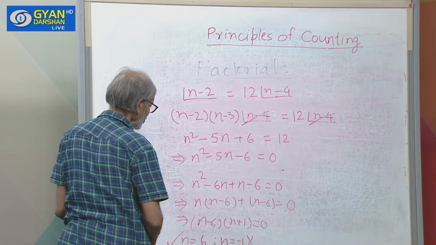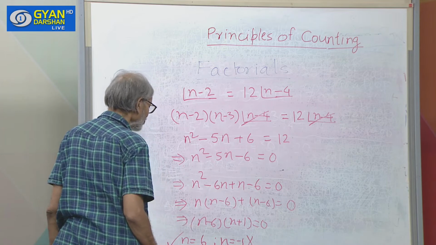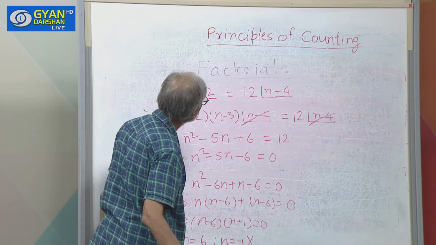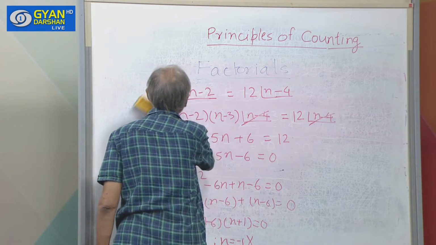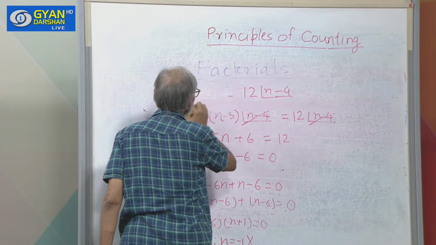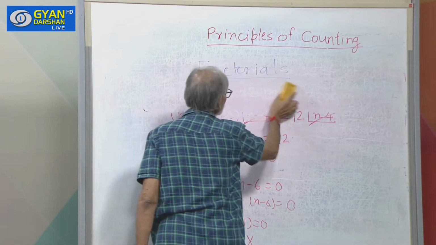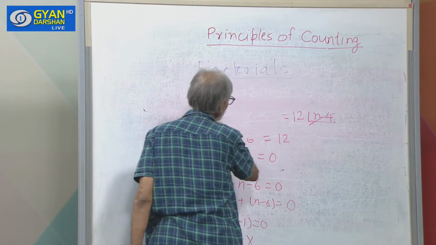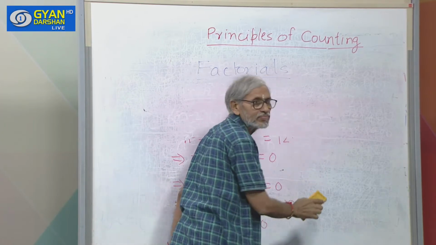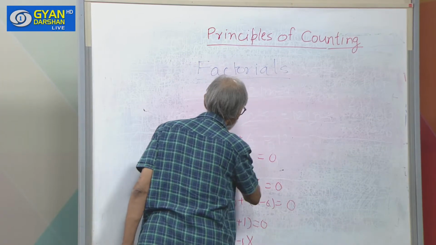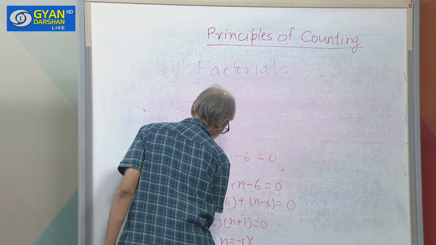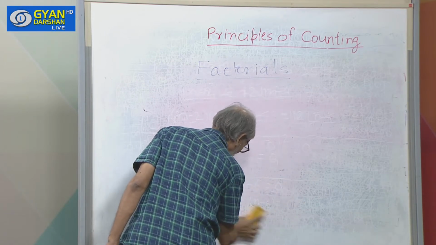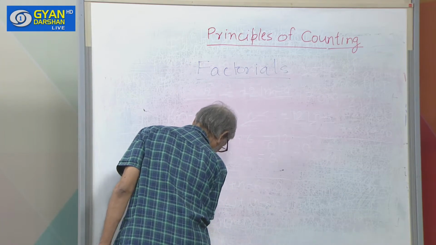So, the value of n will come out to be 6. That is how you can solve the problems based on factorials, and this will be used in your permutation and combination problems which we are going to learn in the next classes.